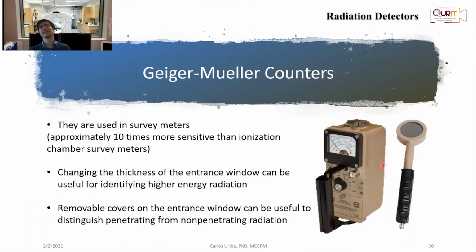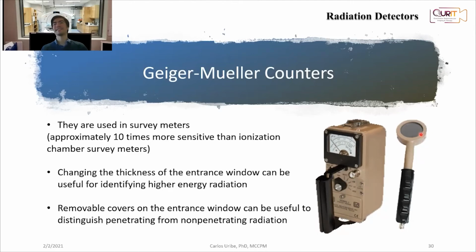It's also used, for example, if you have some contamination and you want to know if it is caused by a beta emitting isotope or by a gamma emitting isotope. Because betas are easily stoppable, you put a little plastic on this entrance window, and if you don't measure anything, but then when you take the window off you get measurements, you know that those are caused by betas.